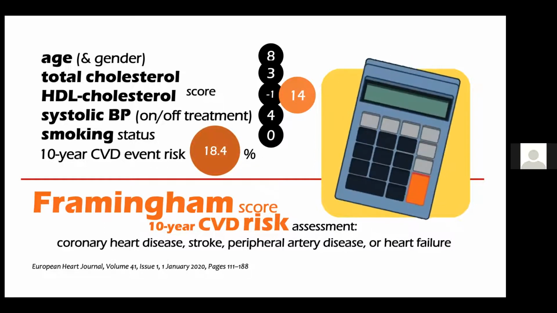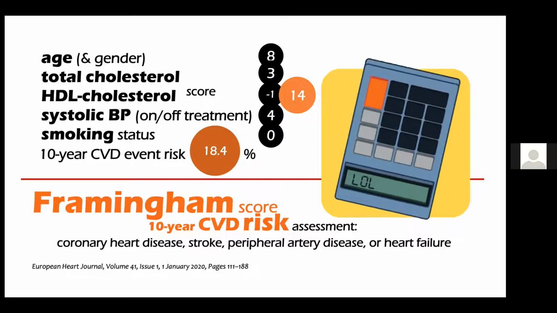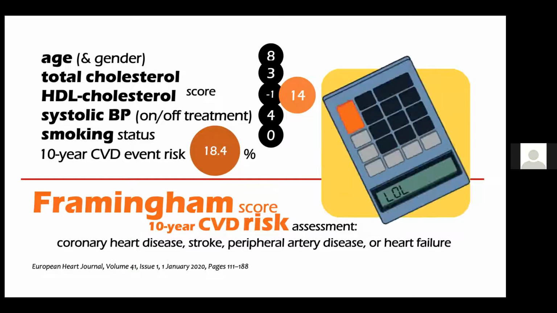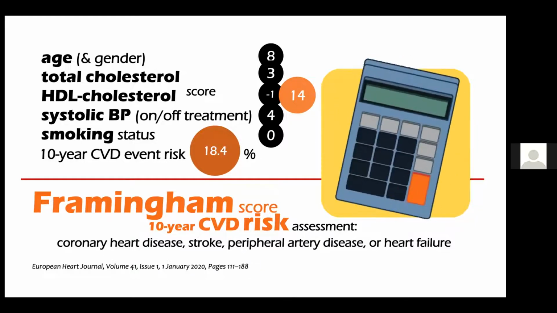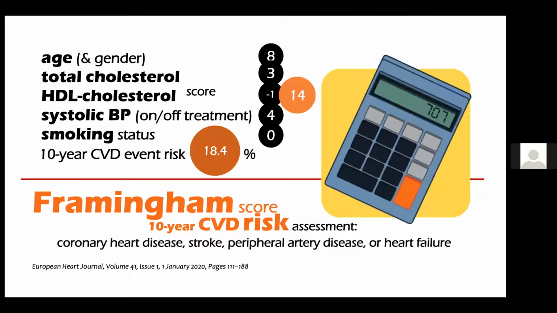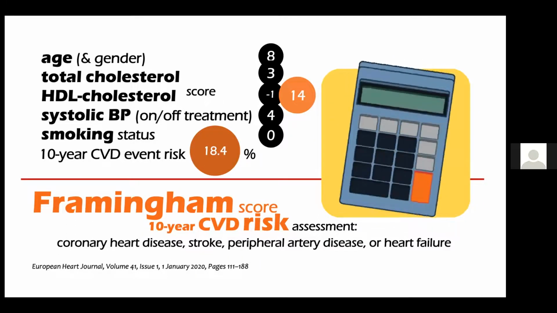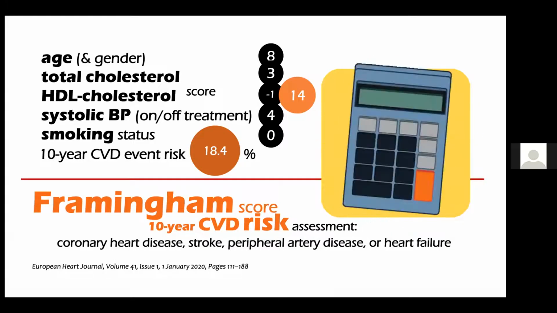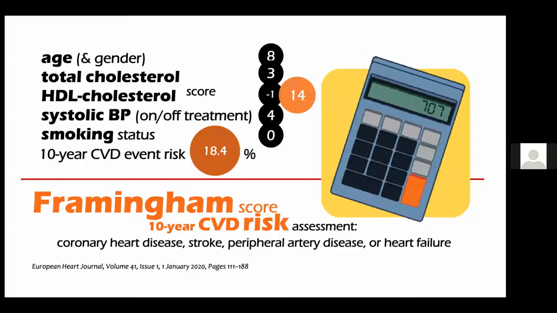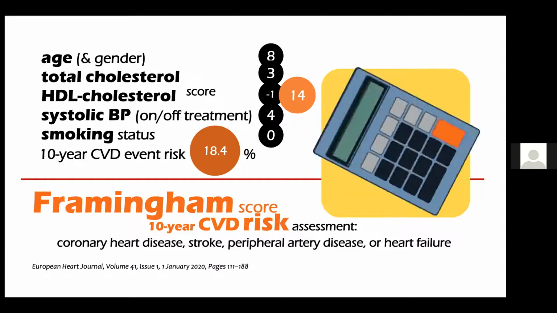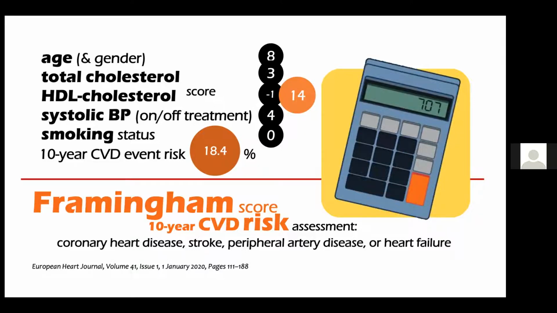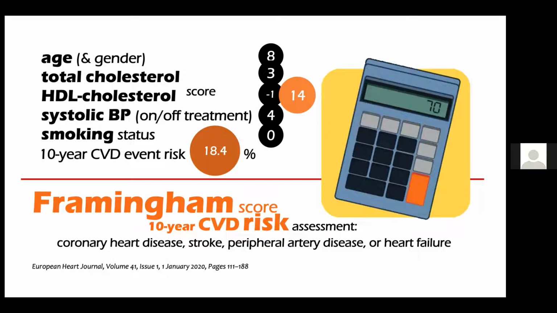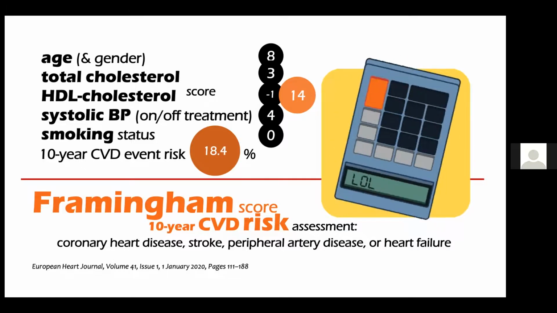So you go through the table. For his age, you will score 8. For his cholesterol level, you will score 3. For his HDL cholesterol, you will get -1. But the blood pressure gives him an extra 4. So your patient's total score is 14, and for a male patient you use the chart for the cardiovascular disease 10-year risk.